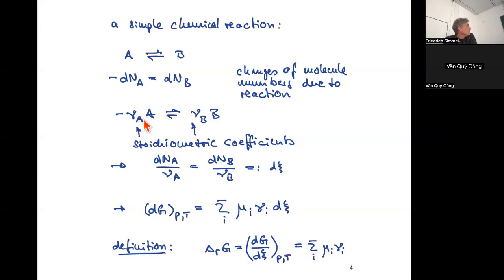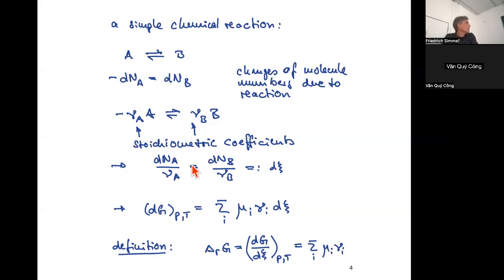And the convention is that the stoichiometric coefficients for the starting reactants are counted negative, and those for the products are positive. So as a chemist, of course, you write something like 3A in equilibrium with 2B. That means that your stoichiometric coefficient is -3 in this case because you have the minus here. So just to explain that.